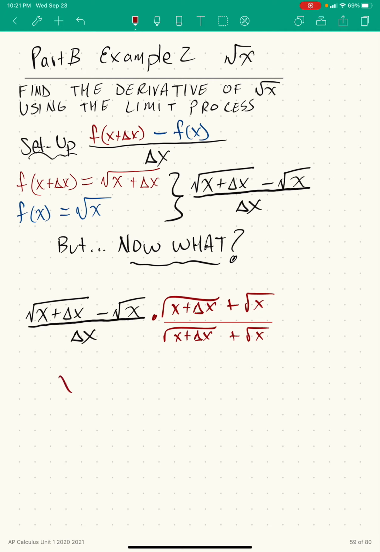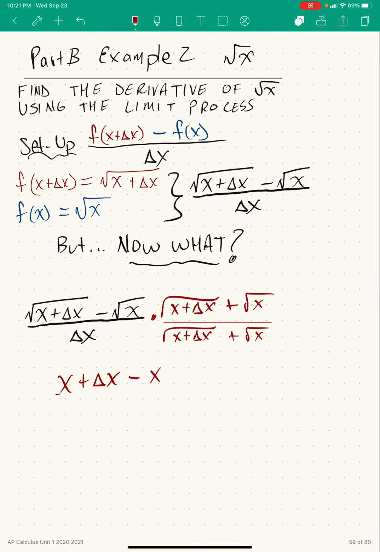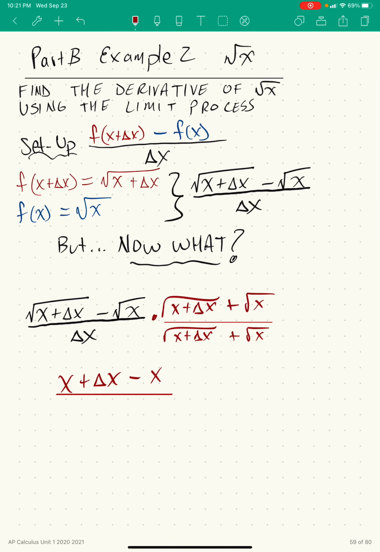So now I'm going to have an x plus delta x minus x, and in the denominator, I'm going to have delta x times x plus delta x, all under a radical, plus radical x.